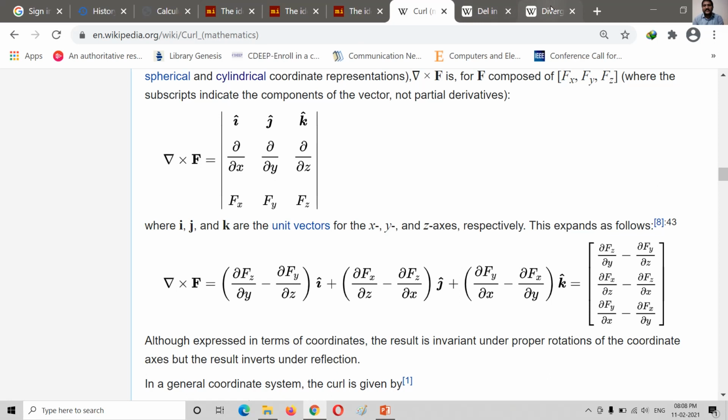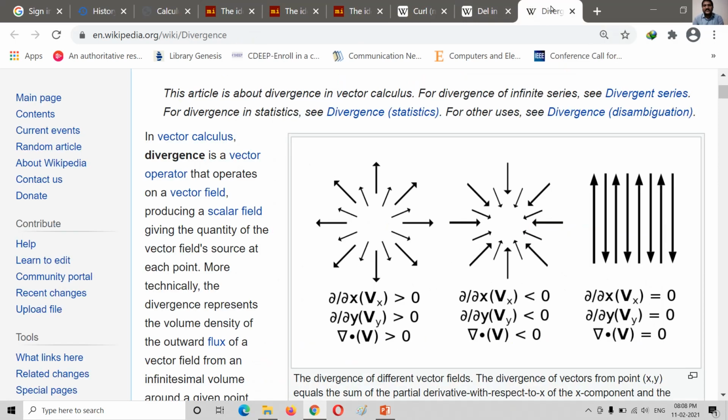So the next point will be divergence. We had already taken an example of the puncture of a tire, and that is the best example of divergence. When divergence is operated on a vector, the result will always be a scalar field.